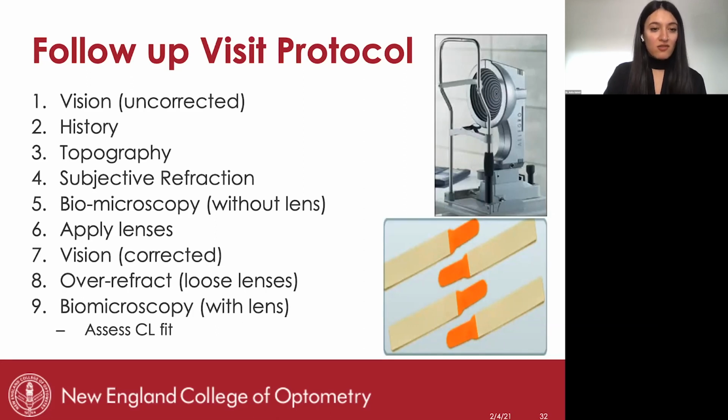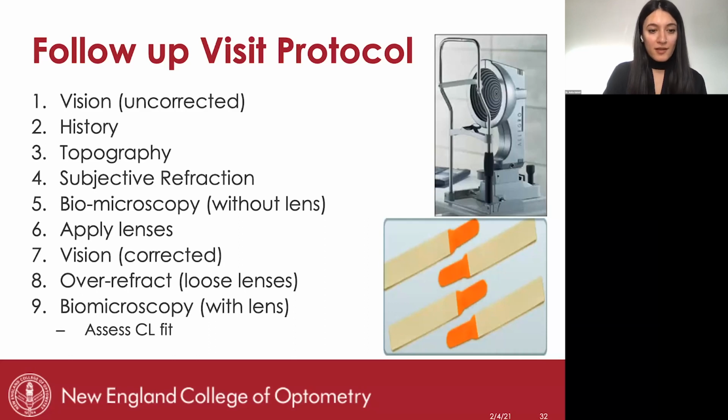Then we take a good history. We ask them what solutions they're using for cleaning, even though we've recommended these to them specifically. Sometimes they don't always follow our instructions, so it's important to get a gauge of what they're actually using. We do another topography here. We do a subjective refraction to check for the amount of residual prescription left. Then biomicroscopy without the lens: we first look at the cornea, check for any staining patterns, and make sure the corneal physiology looks adequate.